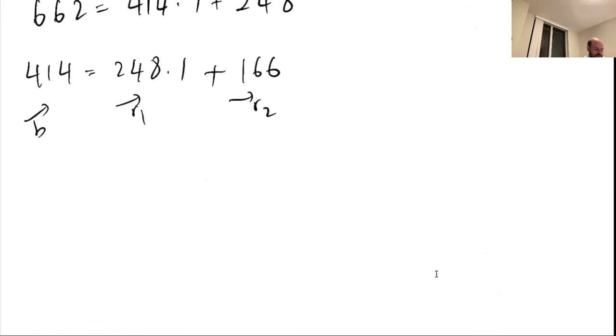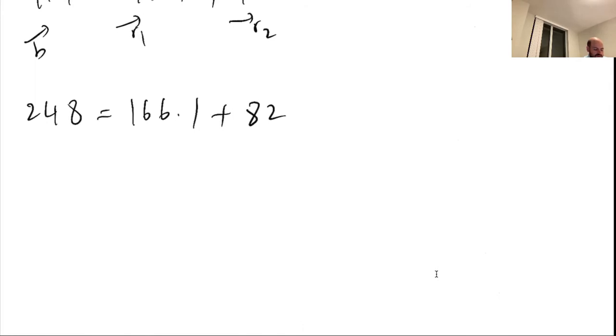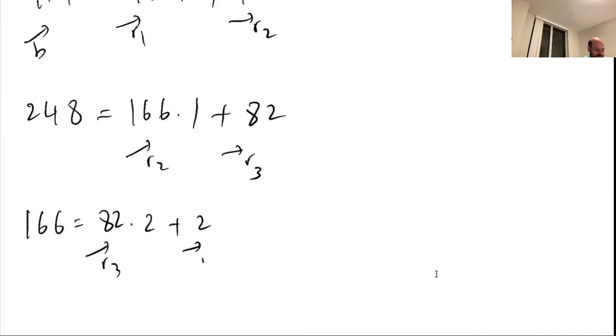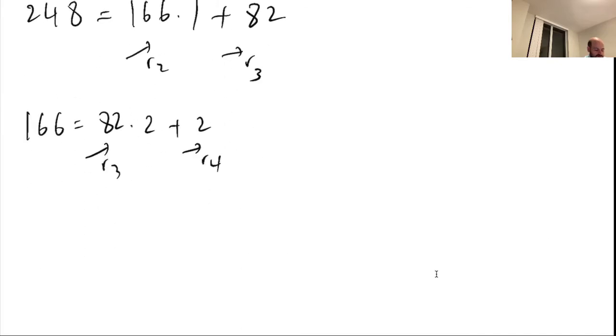I have to now divide R1 by R2. 248 is equal to 166 times 1 plus 82. And then this is again R2, and this is R3. And then again R2 by R3. So 166 is 82 times 2 plus 2. So this is R3, this is R4. Now R3 by R4, 82 is 2 times 41 plus 0.